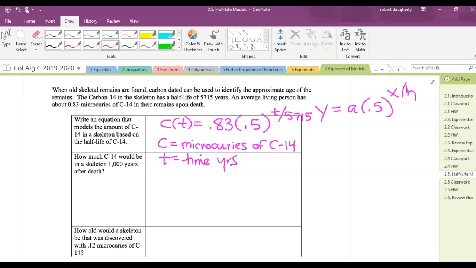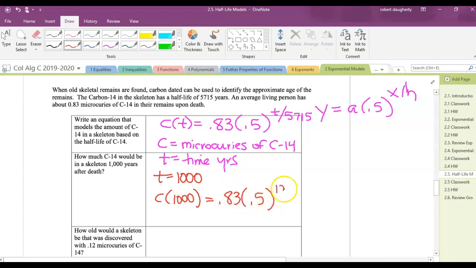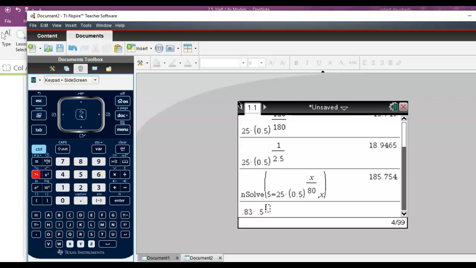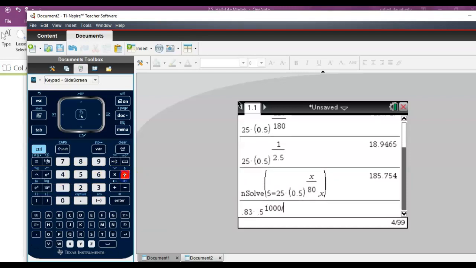How much C14 would be in a skeleton 1,000 years after death? All you have to do is plug in T equal 1,000 into that equation. So C of 1,000 is 0.83 times 0.5 to the 1,000 divided by 5715. And then we go to the calculator. So 0.83 times 0.5 raised to the 1,000 divided by 5715.